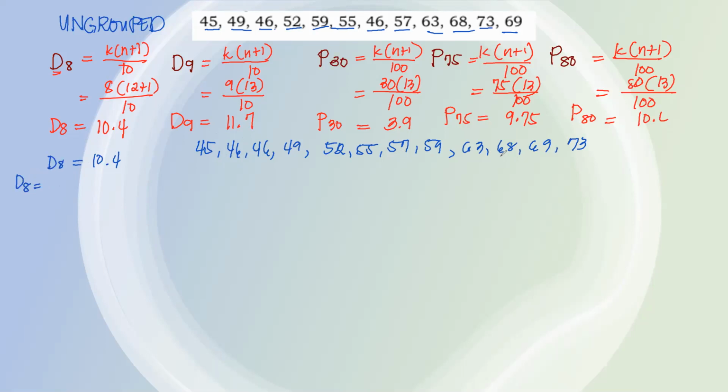Ito yung pang 10th data natin. So that is 68 plus 0.4 times the difference between ano yung data natin na yun? 69 and 68.